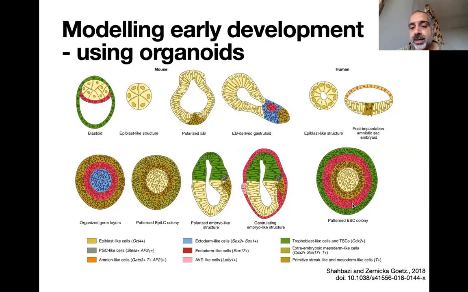You can see here a patterned human ES cell colony, which has very beautiful epiblast-like cells, extraembryonic mesoderm, endoderm-like cells, and then trophoblast cells, all organized in a very beautiful fashion, as the human embryo would be. Now this gives us a handle on understanding human development, particularly at these implantation stages. And we'll talk about this much more when I come back towards the end of November.